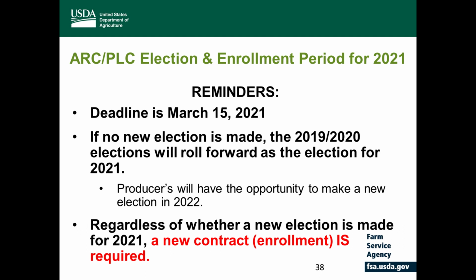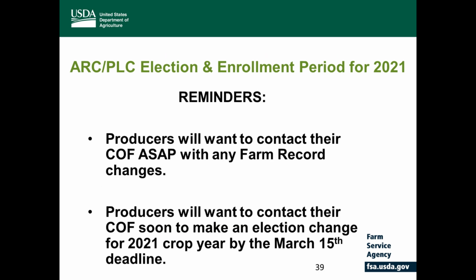If no new election is made, then you're going to retain the election that you had for 2019 and 2020. And regardless of whether a new election is made for 2021, you could possibly need to re-enroll your contract. Again, if you're unsure, just give your county office a call and they will be able to help you out.